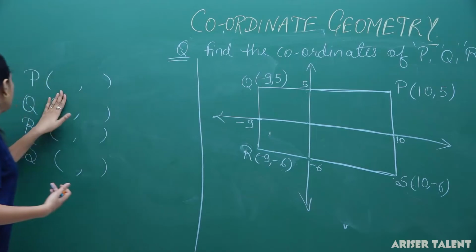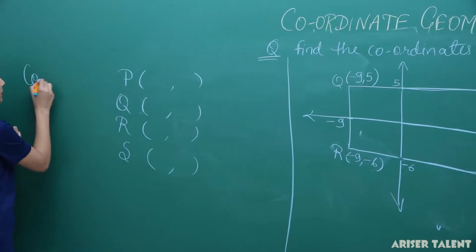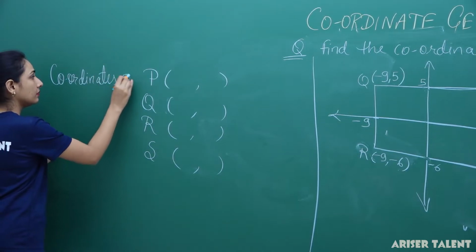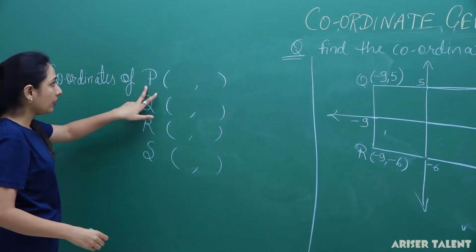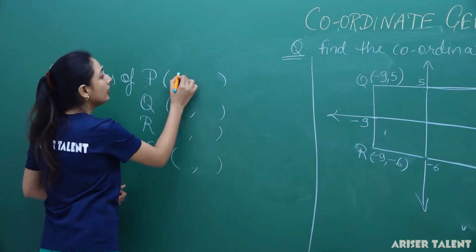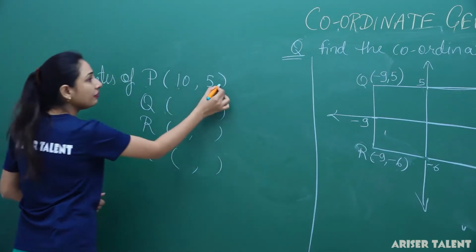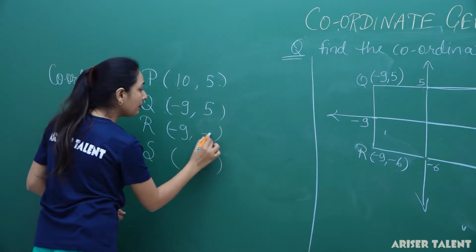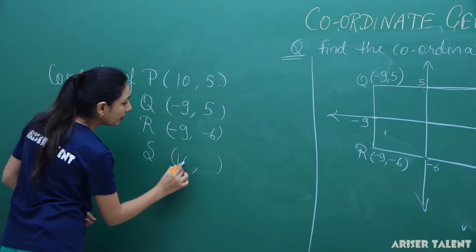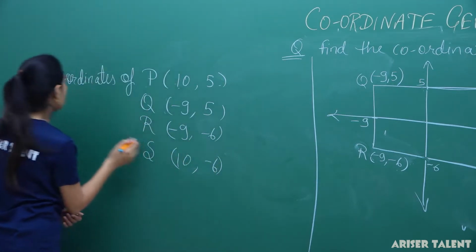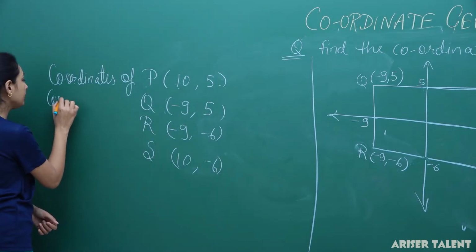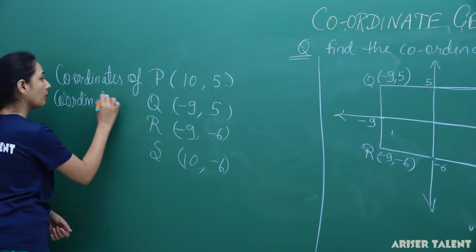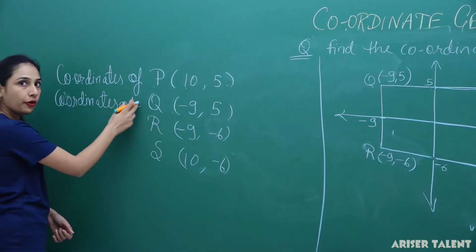Now here, coordinates of point P. From there you can just write 10, 5. Here you can write -9, 5. Here you can write -9, -6, and then you can write 10, -6. Here again, coordinates of point Q. You can write point also here.